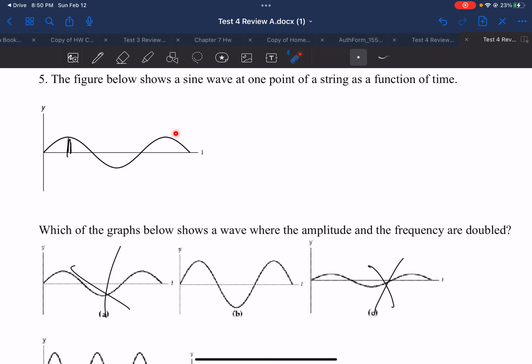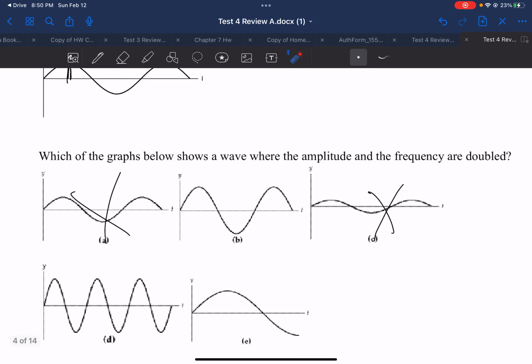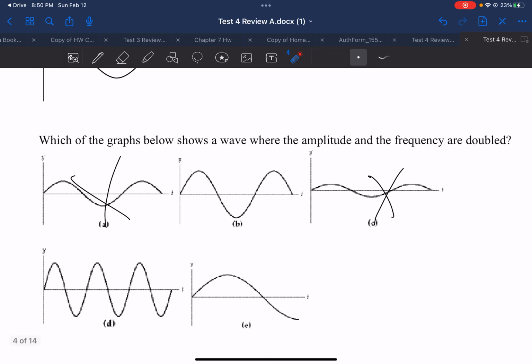So this distance over here is going to be the period. When the frequency doubles, the period is halved. So we are looking for a function where this distance, the period, is halved. If this is the initial period, you can see that this particular graph over here has a shorter period, where the period is halved, and therefore the answer is going to be D.